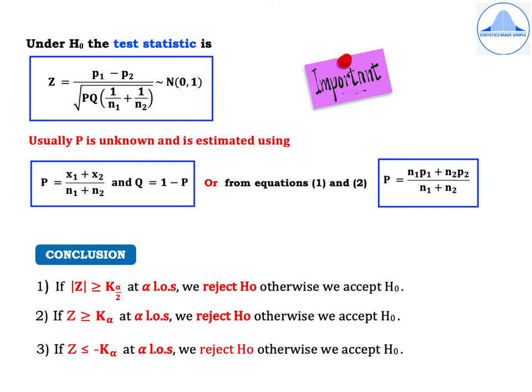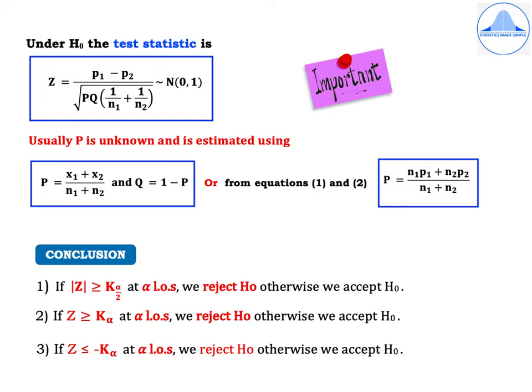Under H0, the test statistic is Z equal to p1 minus p2, that is the difference between the two sample proportions, divided by root of PQ into 1 by n1 plus 1 by n2, which follows normal 0, 1.